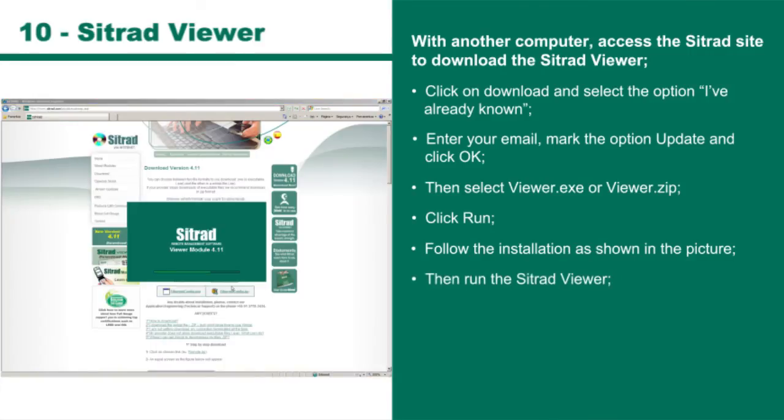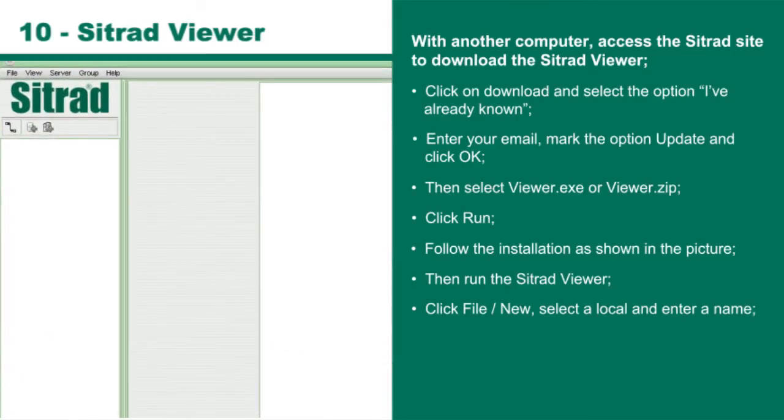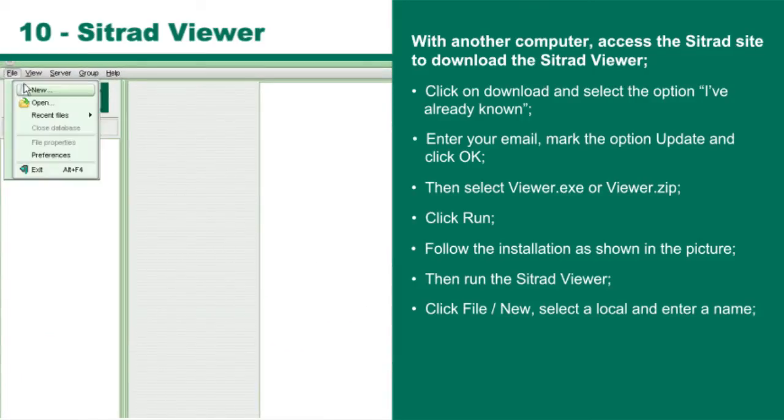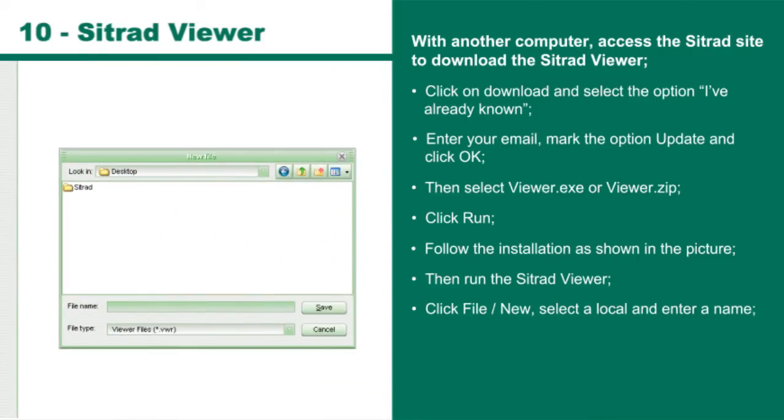Then complete and run the Sitrad Viewer. Click File, New. A window will open to create a data file for Sitrad Viewer, where the information of the server, server groups and instruments will be recorded. Select a location and enter a name, then save it.